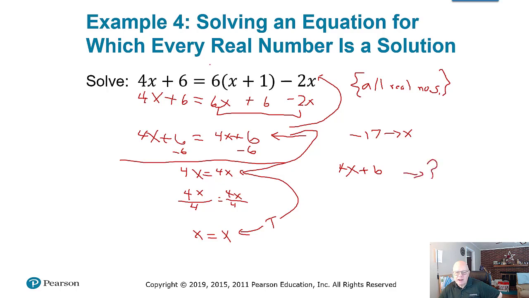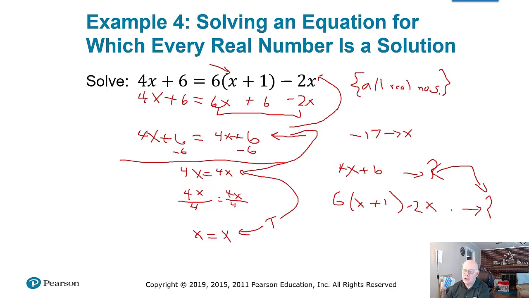On the right-hand side over here, on your calculator, type in 6 parentheses x plus 1 minus 2x and see what you get. What you'll find is no matter what you put in for x, your results are going to be exactly the same all the time. So your solution set is a set of all real numbers.